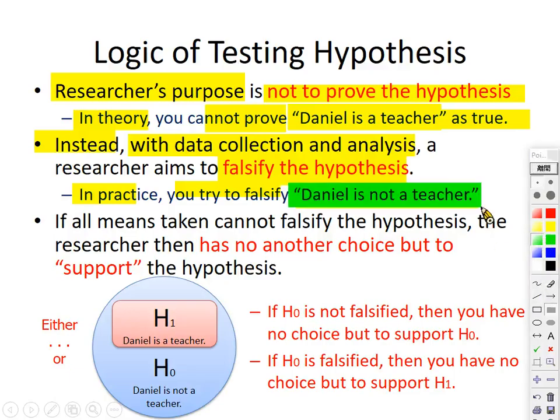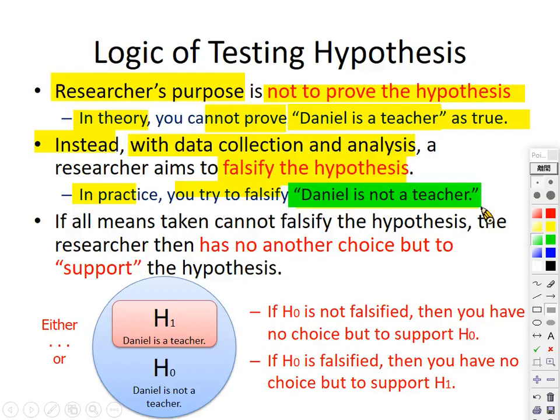Daniel is not a teacher. And Daniel is not a teacher here is the alternate hypothesis, 替代假设, to the research hypothesis, right? So remember, in our research, basically we aim to falsify the alternative hypothesis, but not the research hypothesis.